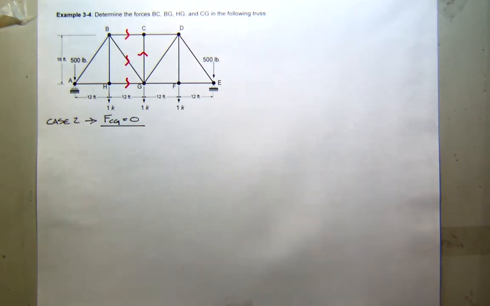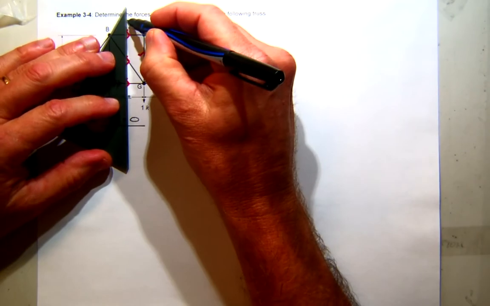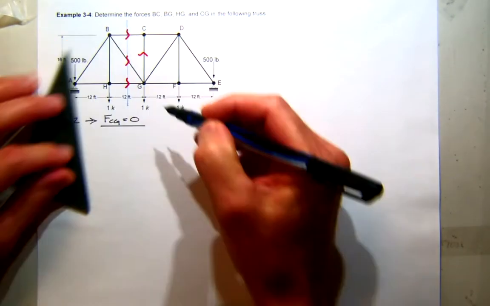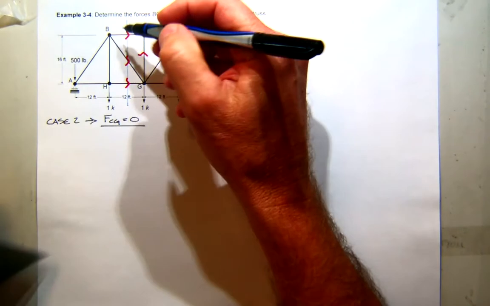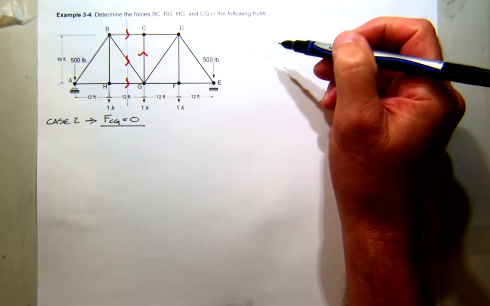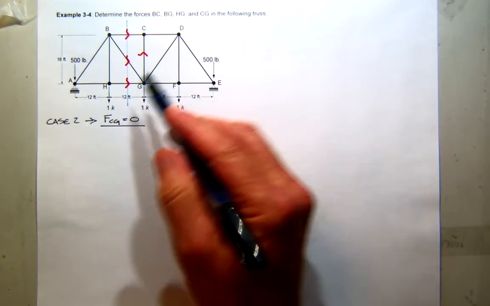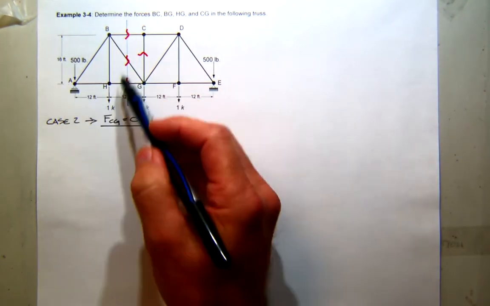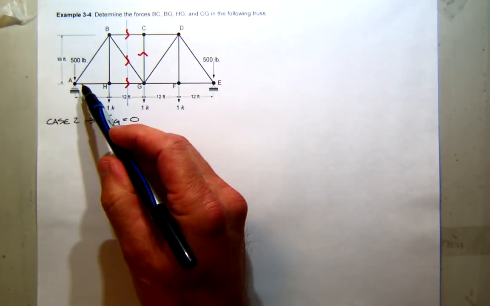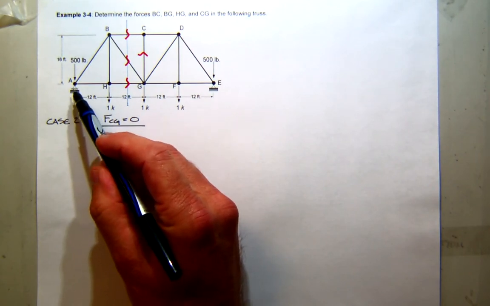So now with that said, what I'm going to do is kind of help you visualize this. I'm going to kind of draw a little line here. And I'm going to ask you, do I want to work the left side or the right side? Let's just examine what the left side would present us. Well, we have one reaction at A, because that is hard to see, but that's a roller.